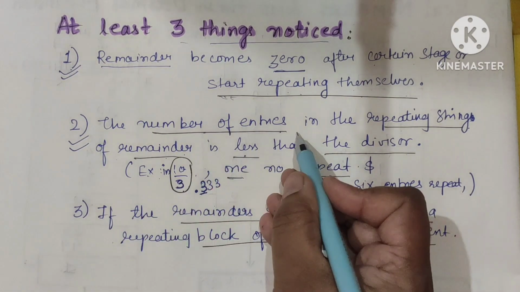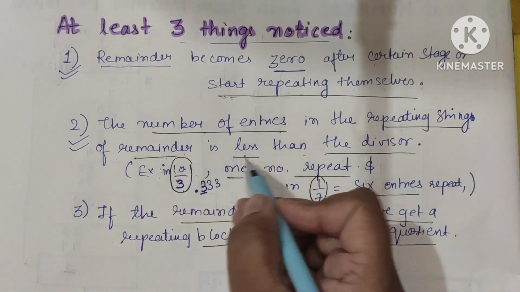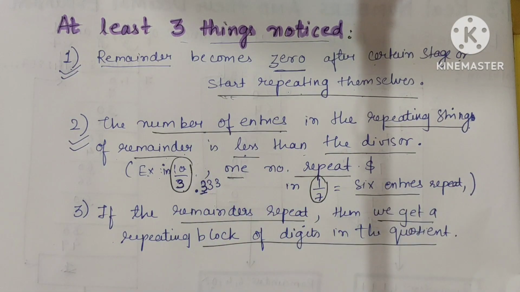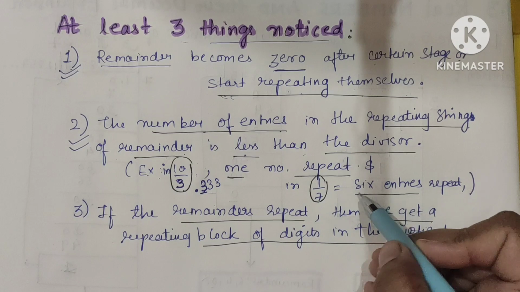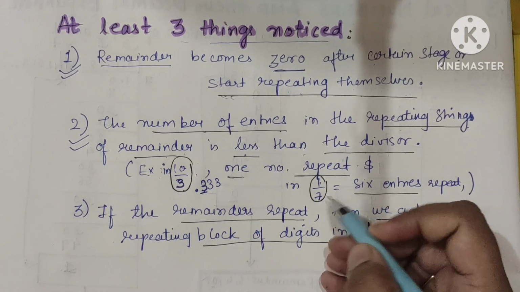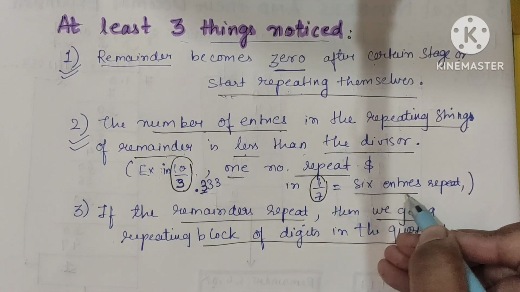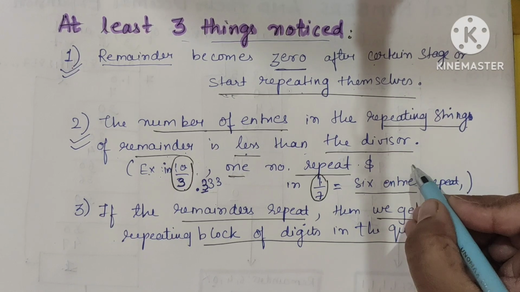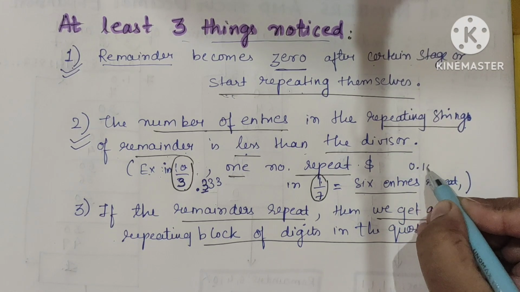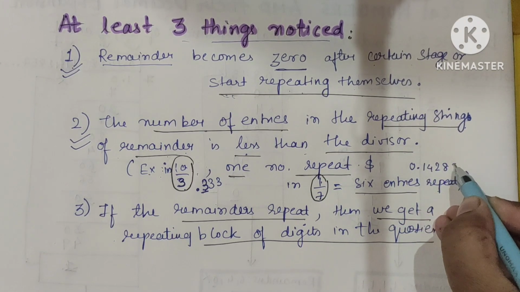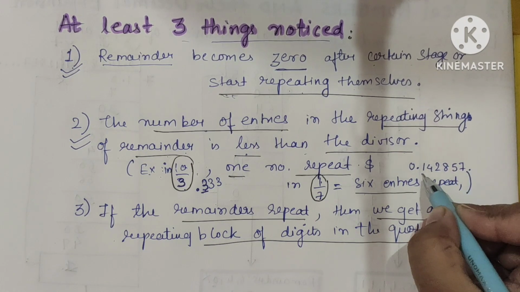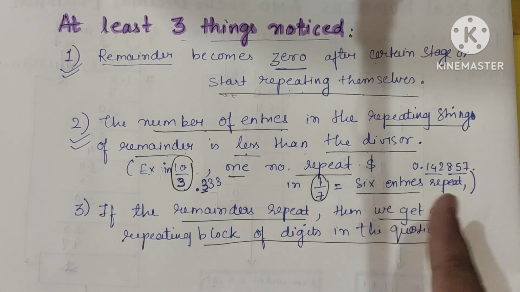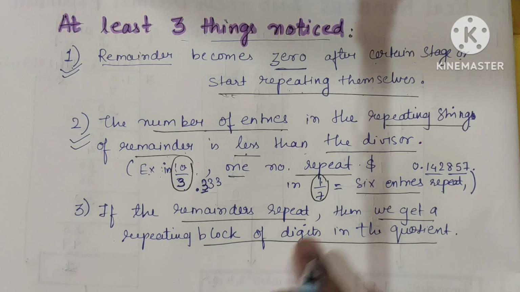The number of entries in the repeating string is less than the divisor. The other example is 1 upon 7. There you will get 6 entries. Which are those 6 entries? 0.142857. What are these 6 entries? You can see the example in your textbook.